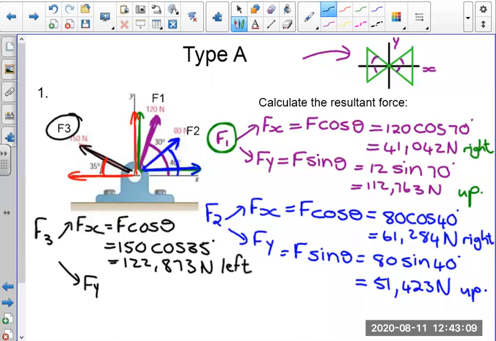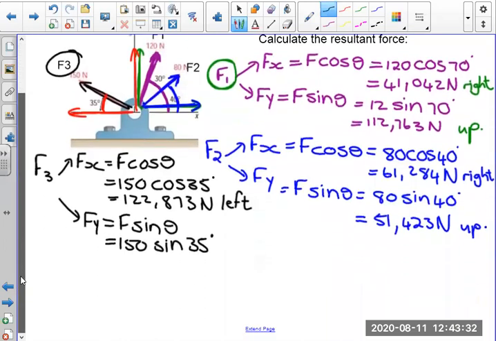Then the y component, I'm going to say F sine theta. So the y component, I will always work out with sine theta, and the x component, I will always work out with cos theta. So I'm going to substitute in 150 sine, and the angle that I use is 35 degrees.